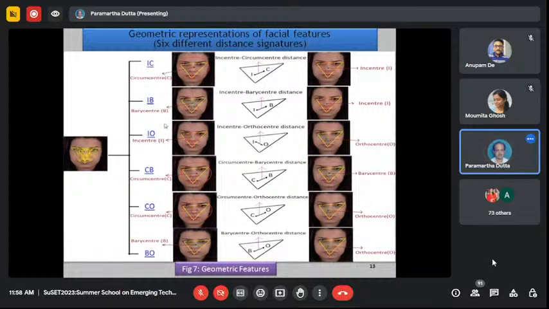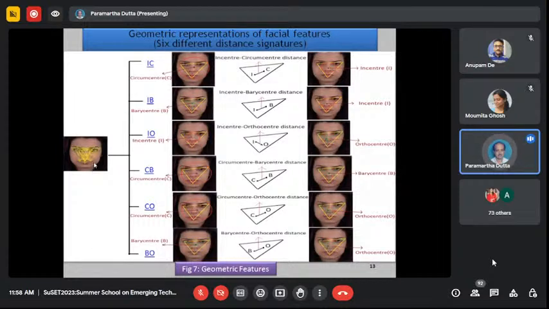Similarly, IB: given the same triangle, there may be the incenter and another center, and accordingly a distance. Then IO, incenter and orthocenter, and accordingly there will be another distance. So there are 6 in all.